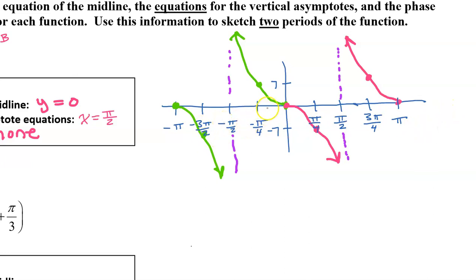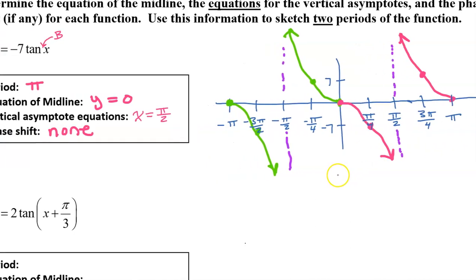So the question is, how far apart are these asymptotes? Well, I'm going to have one asymptote per period. So see, I have one asymptote for the green period, I have one asymptote for the red period, and if I continue this pattern, there would be one asymptote for every period of this function.